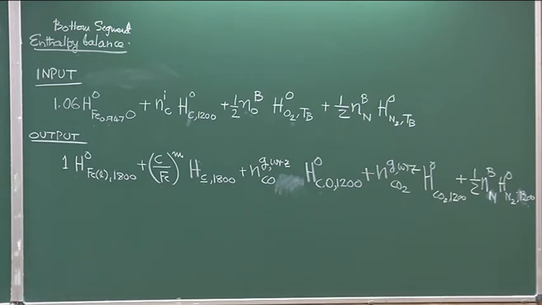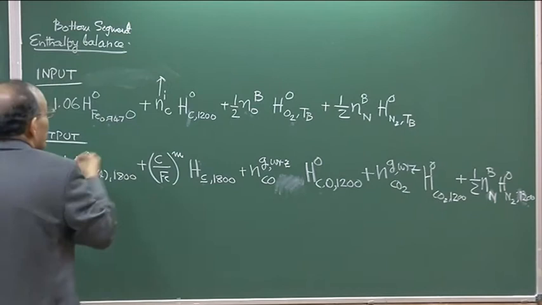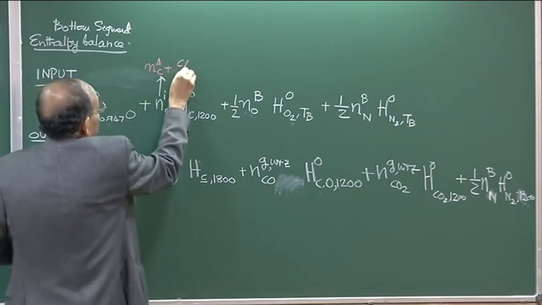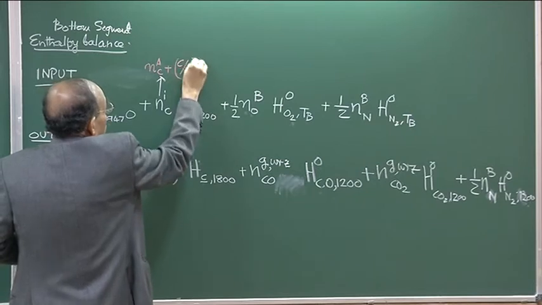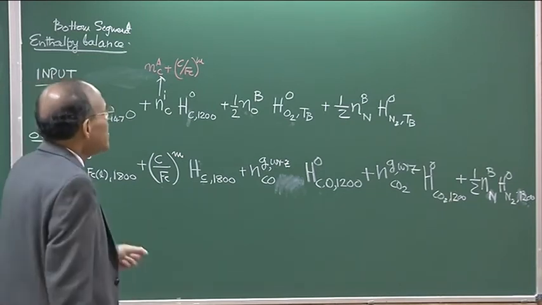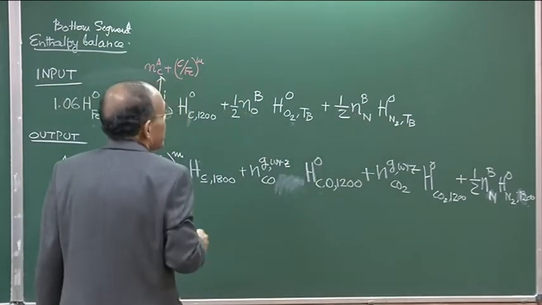We know that this term NiC, for example, is going to be equal to NaC plus C by FAM. That is one simplification that we are going to do. We have the second simplification, that the moles of nitrogen and moles of oxygen are related.